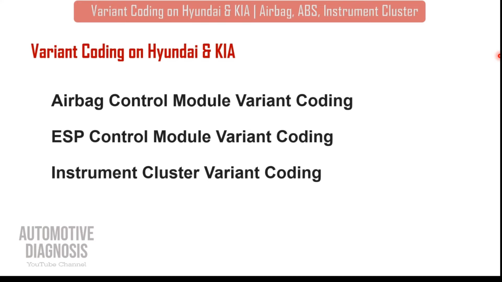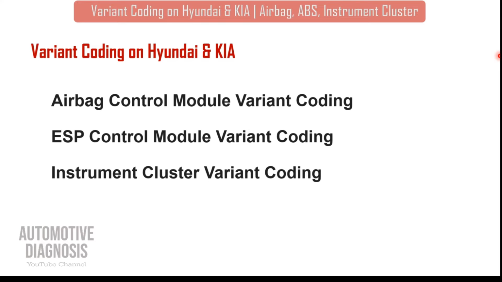It's really important to know that not on all the cars you need to do all these variant codings. For example, for the airbag control module variant coding, you need to do that for each model after 2011. So for the models before 2011, normally you don't need to do the variant coding.